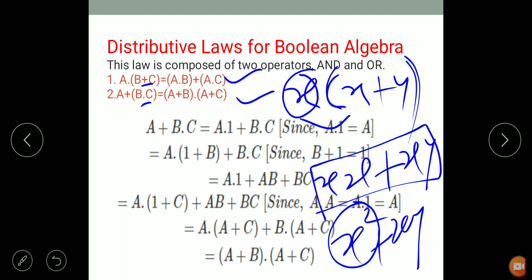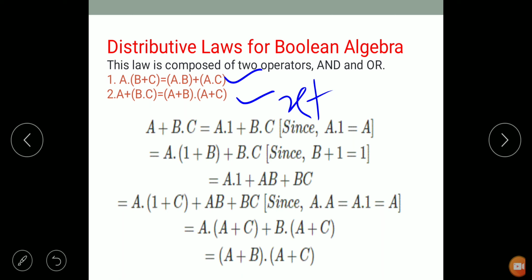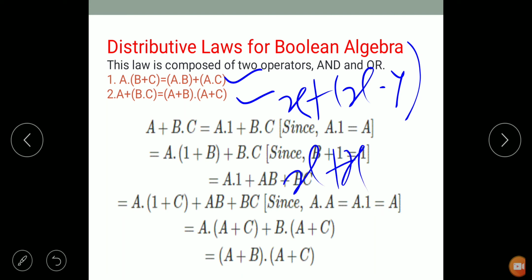Similarly, in place of dot we write the plus, and in place of plus we write the dot. So if we write the equation like x dot y, then we write x plus x, and here the dot sign is present, so here is a dot, and x plus y.